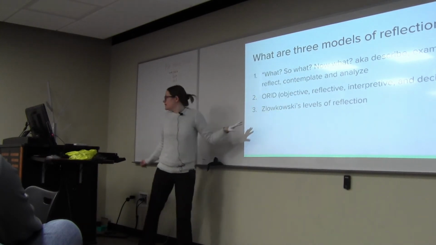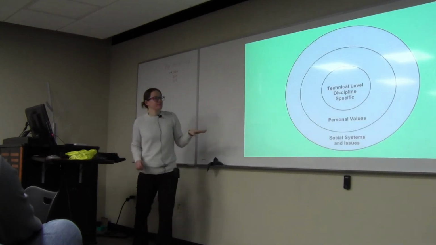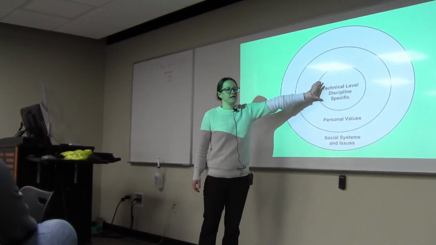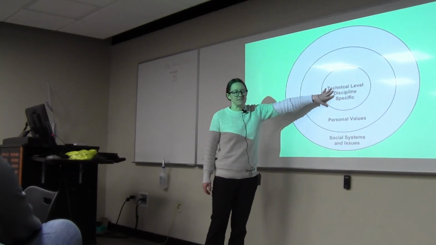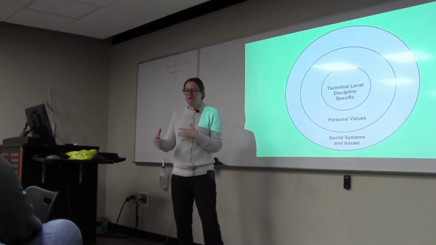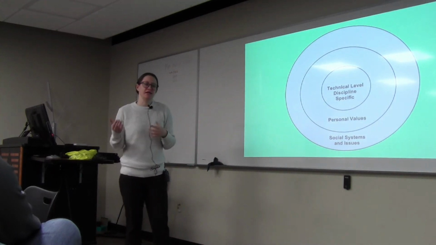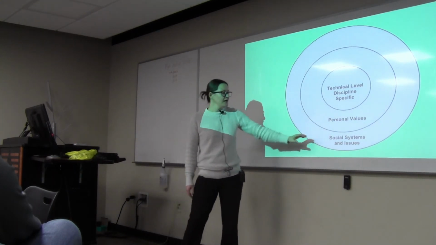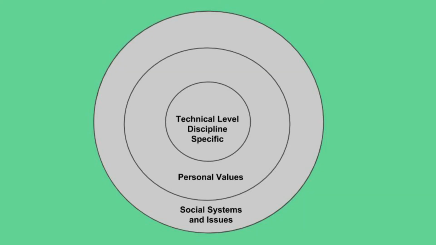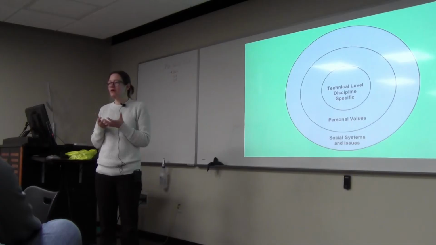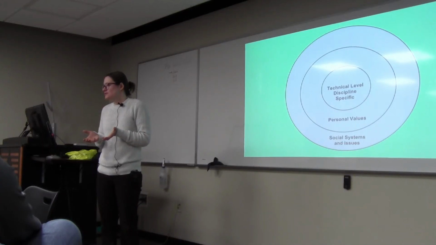Slukowski also has 3 different levels. So this is very objective, the technical specification part. This is more of the warm fuzzy, the feeling, the so what kind of thing. And lastly is more of the now what. So how does this affect society and issues within, okay? So they're all generally the same.